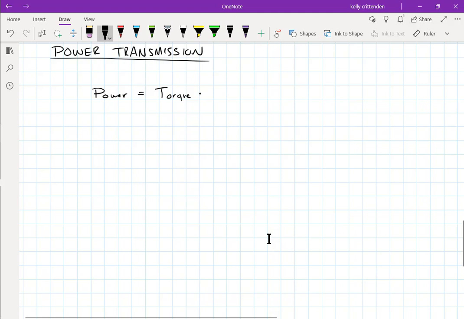Now, in this case, we're going to call that speed. Our speed, well, I want to write it this way, is going to be angular velocity. And so a lot of times we're going to use power equals torque times omega. Omega is going to be angular velocity, T is going to be torque, and P is going to be power.